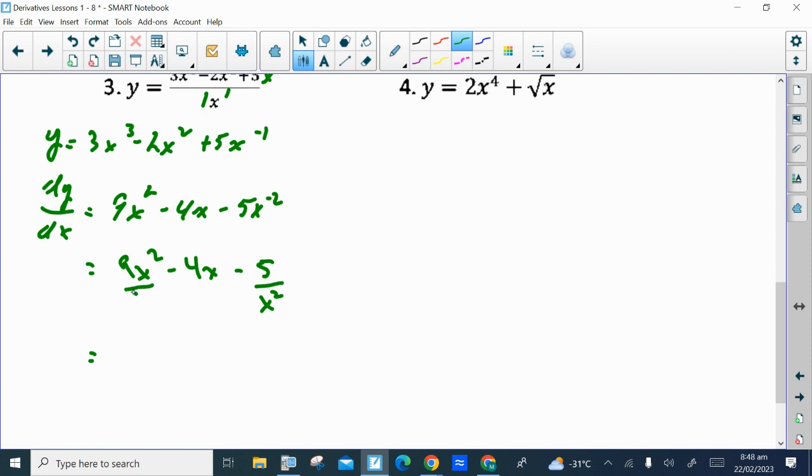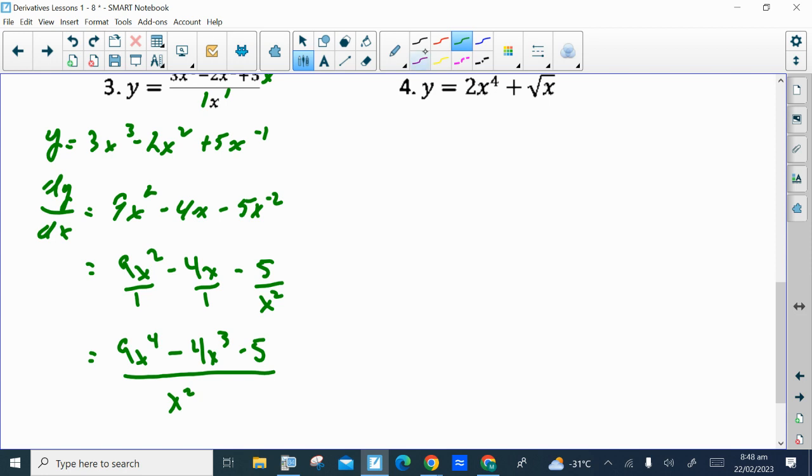So the denominators on the first two terms right now are only 1, so you need to multiply bottom and top by x squared to get a common denominator. When you multiply 9x squared by x squared, you'll get 9x to the fourth minus 4x times x squared is 4x cubed minus 5, all over x squared.